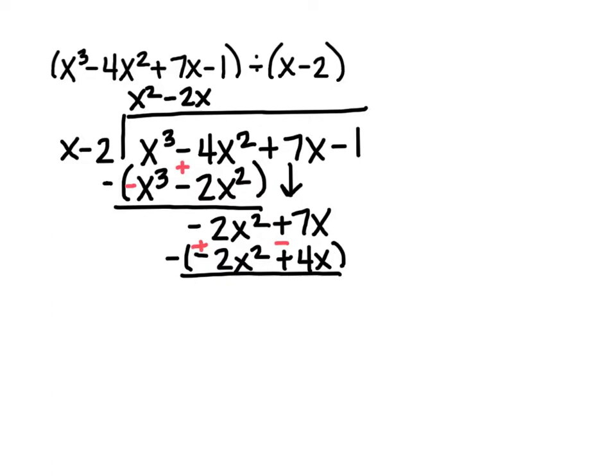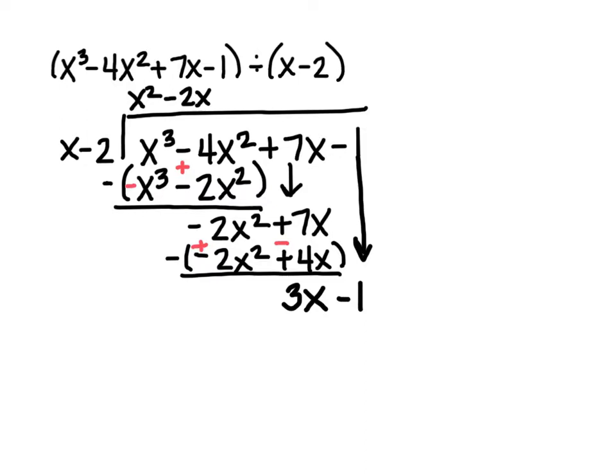So the 2x squareds cancel out. 7x minus 4x is going to give me 3x. Three x, and I'm going to bring down my negative 1.